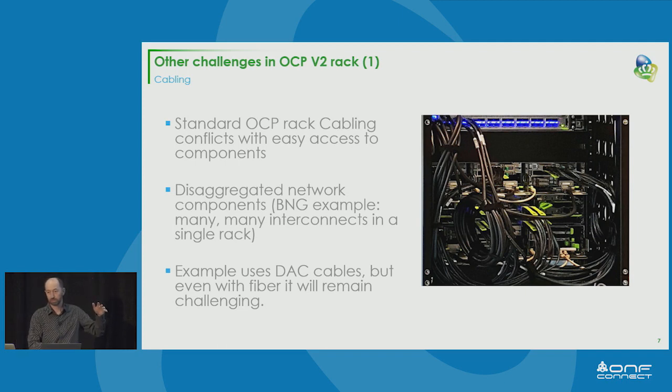You think you have a nice setup with redundancy because you can put in two of these switches, but this doesn't work because you cannot pull out one without getting rid of all the other cables, if you look at the standard rack. This example uses DAC cabling, which are even sturdier, thicker cables, but even when looking into using fiber cables, you still don't have room to put the cables in.